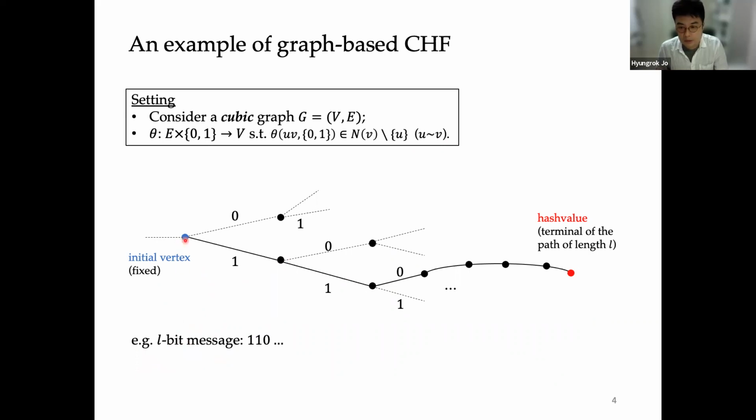Now we have a proper mapping from a message to the routed edge. Then we walk on the given graph: the first bit is 1, and the second one is 1 and 0, and so on. Finally we reach the terminal vertex. It becomes the hash value of the given message.